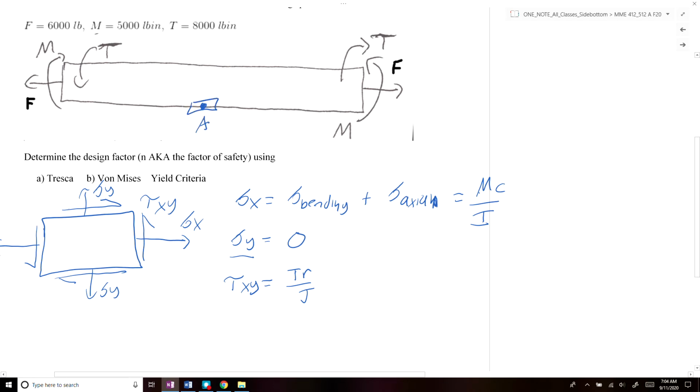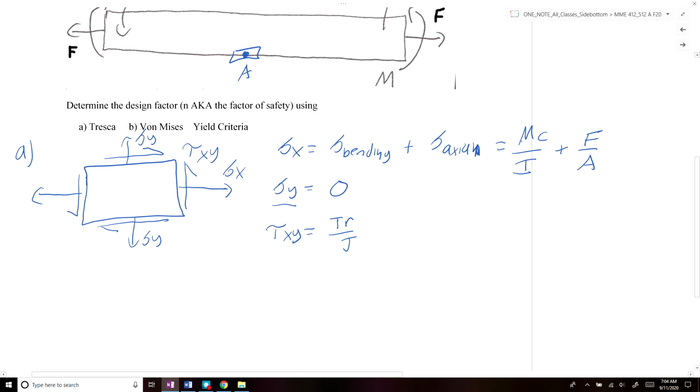So sigma x should be equal to MC over I plus force over the area, and tau xy is TR over J.